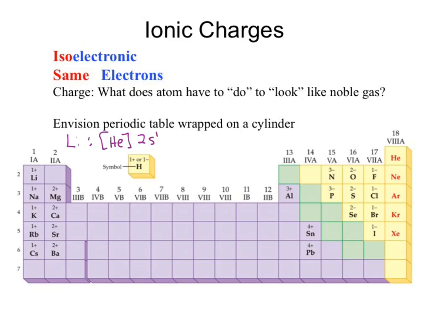Say to nitrogen. Nitrogen could either look like helium by getting rid of, how many is that? 5 electrons, or accepting 3. Which is easier? Accepting 3. What happens? Nitrogen picks up a -3 charge. Okay? Because it's trying to look like the noble gases.